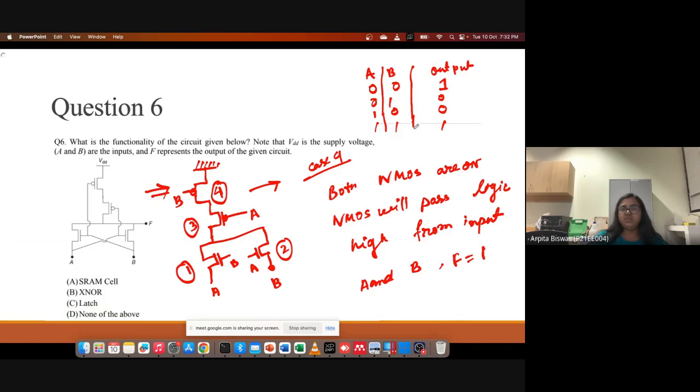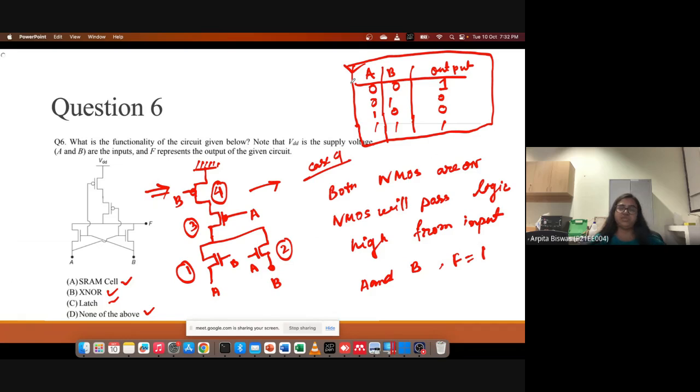Now tell me in which gate this truth table is coming. Please unmute yourself, Gosa, and tell me for which gate we are getting this truth table: RAM cell, XNOR, latch, or none of the above. At least tell me for which gate this type of truth table is coming. Then you can find out the answer easily.